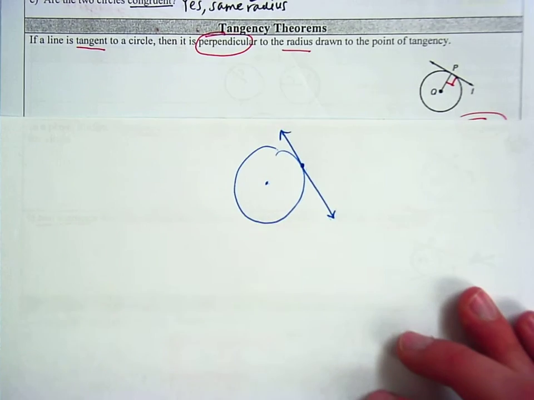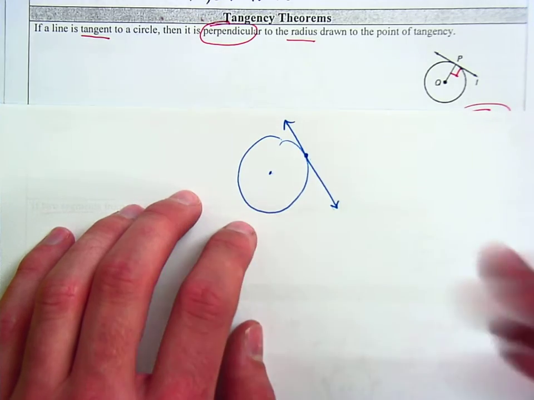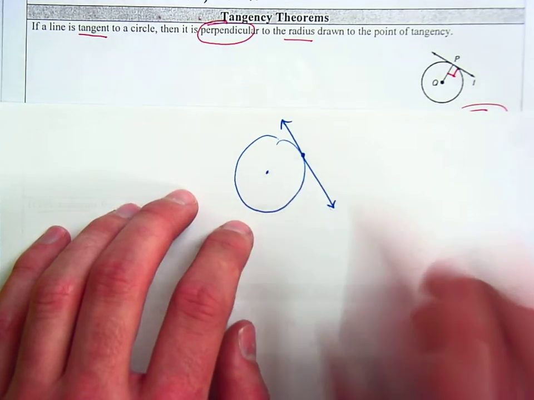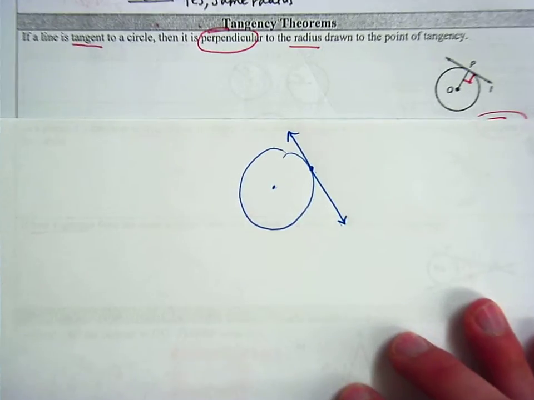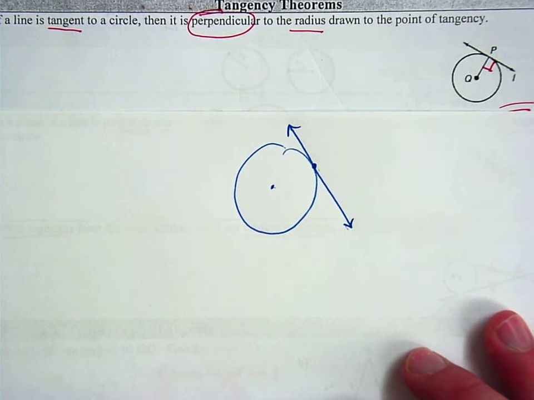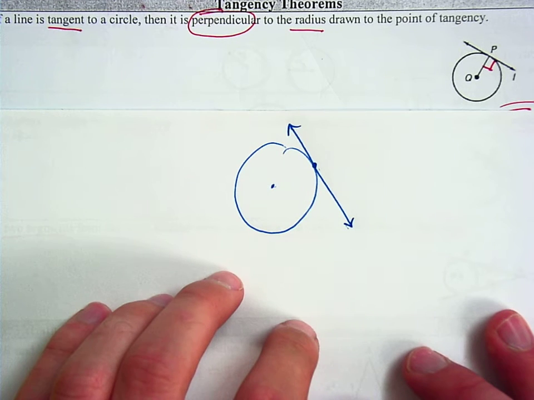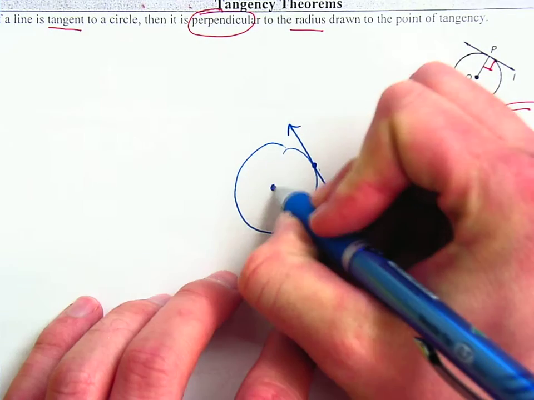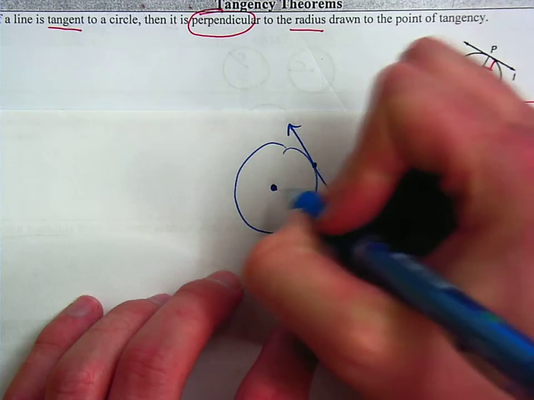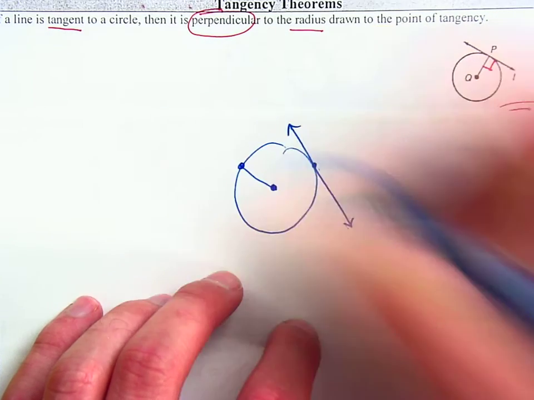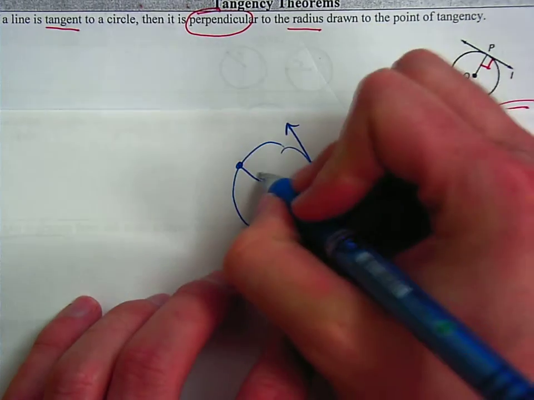All right. Well, the first is that if a line is tangent to a circle, so we have this line here, it's tangent to the circle, then it's also perpendicular to the radius that is drawn to the point of tangency. So if you remember, a radius just has to go from the center of a circle, and a radius can actually go anywhere onto the circle, right? That's a radius.